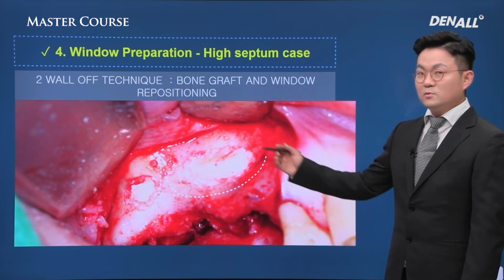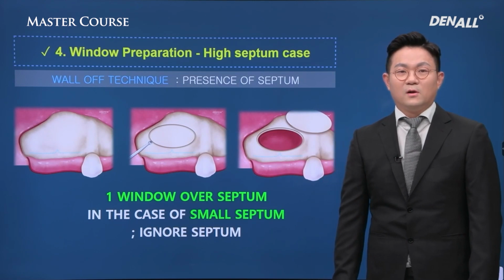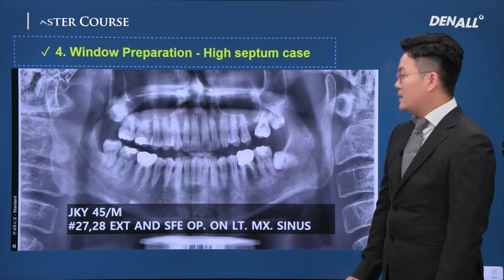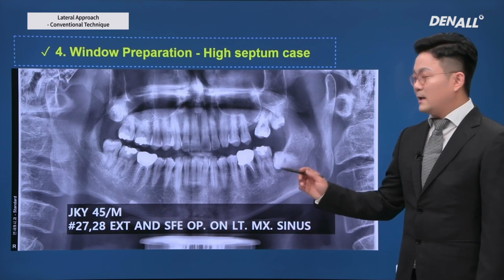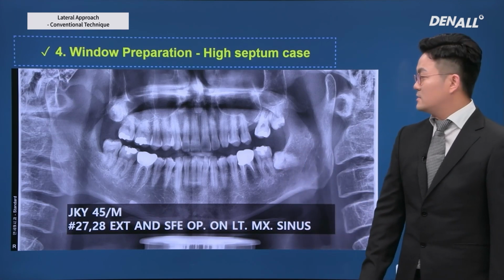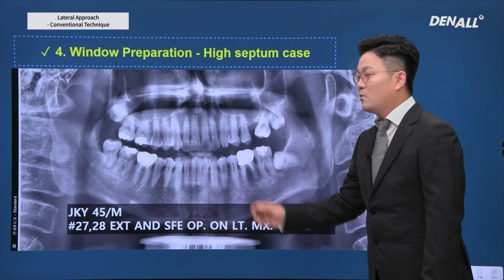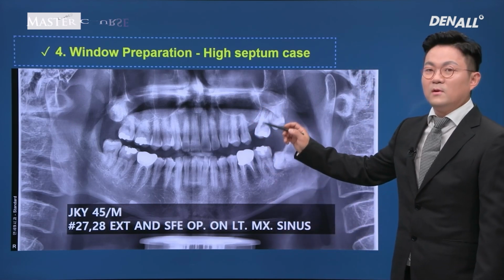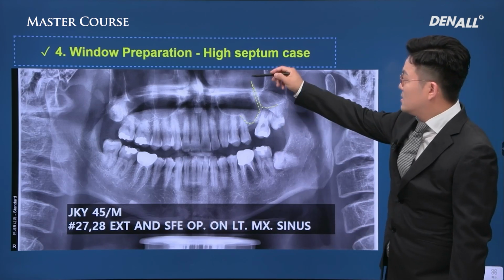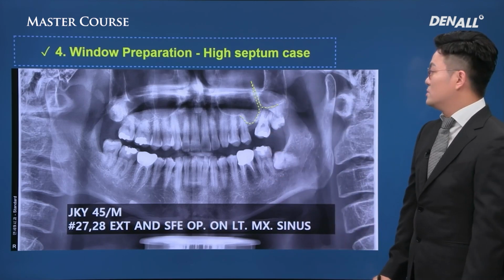So even if the septum is high, there's no problem in doing the surgery. And it can even create one big room or window. So number 20 was extracted for this patient before surgery, and as you can see here, there's a high septum, and it's very hard to treat them.